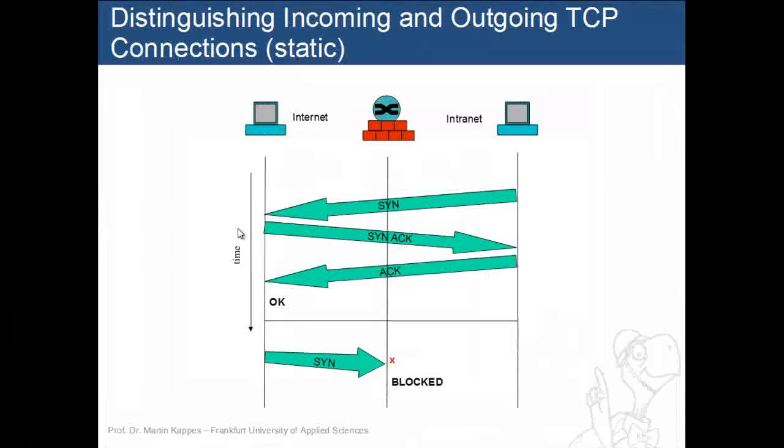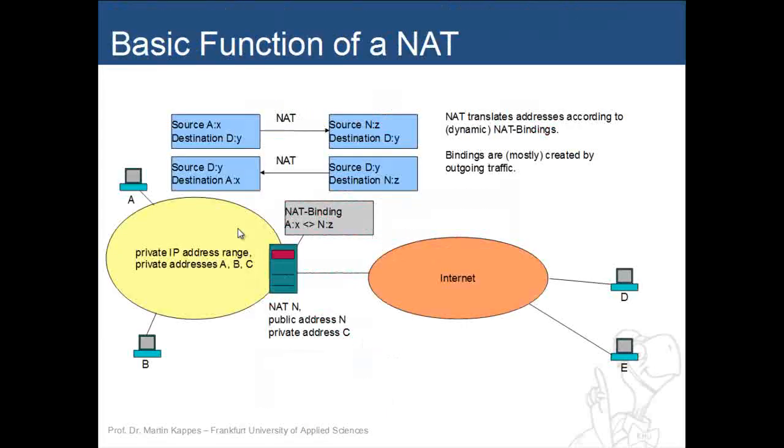So we already mentioned in our recap on networking that there are certain IP address ranges which are solely intended for use in private networks, as these addresses are not routable through the internet. And it is very common that such private IP addresses are used within intranets.